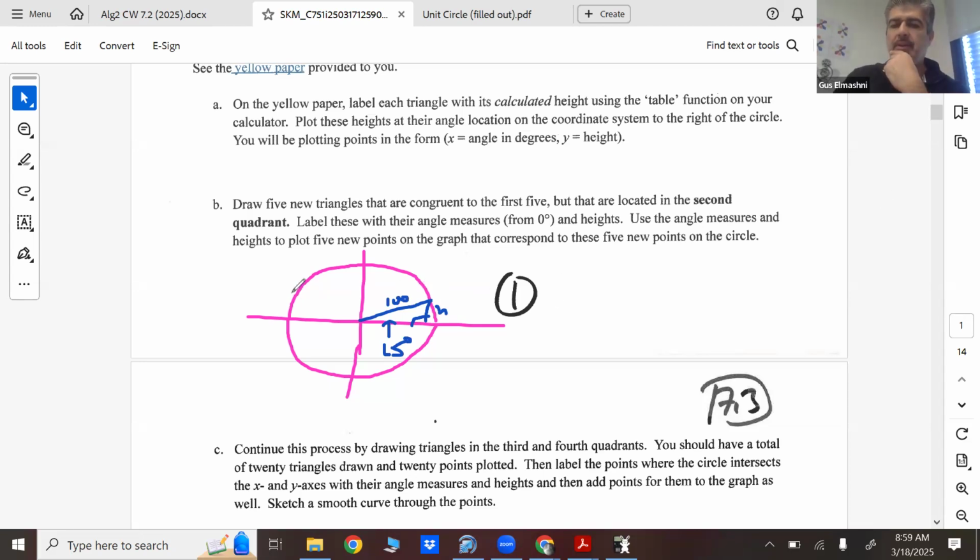That'd be over here, right? That's still 100. That's still h. What would we measure this angle right here? Still 15, right? However, if I want to draw the angle like this, so essentially I'm doing this.